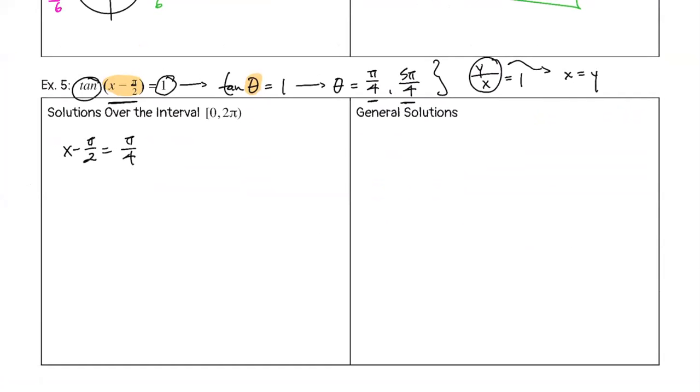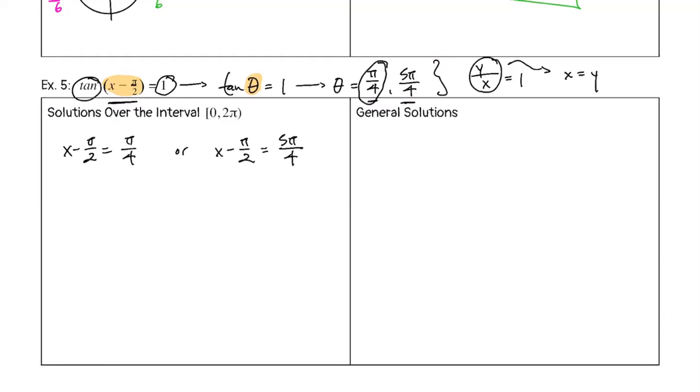That's one possibility, right? Because we said pi over 4 was one solution. Or the other one is the thing in the orange, or that angle, whatever we want to call it, is equal to 5 pi over 4, okay?